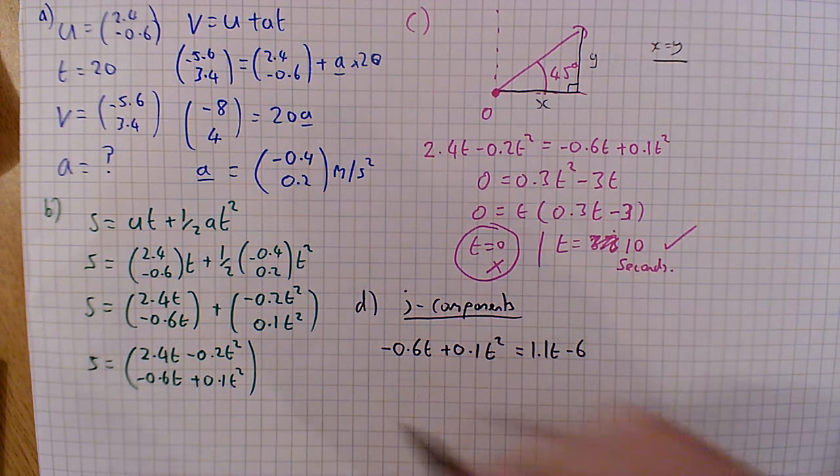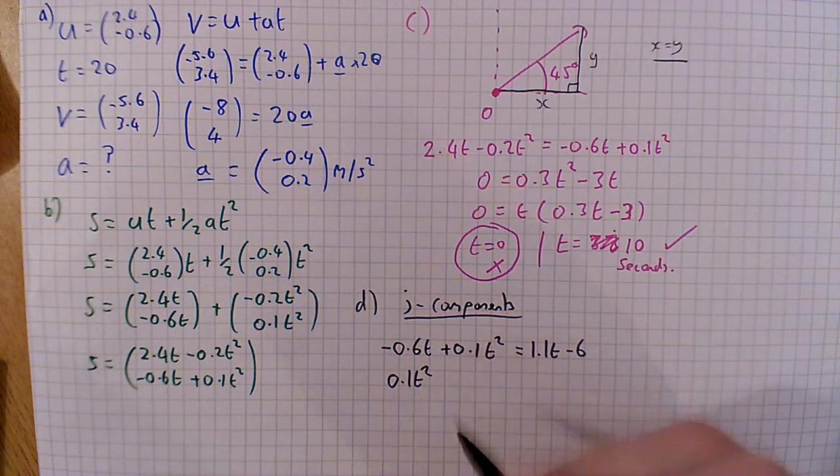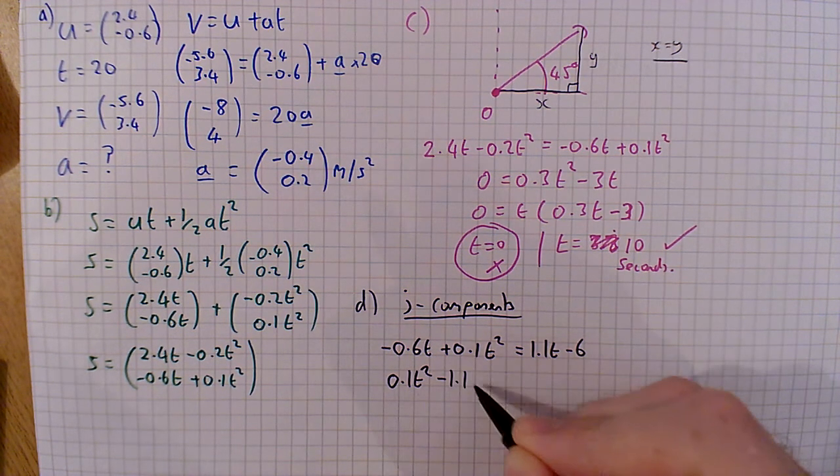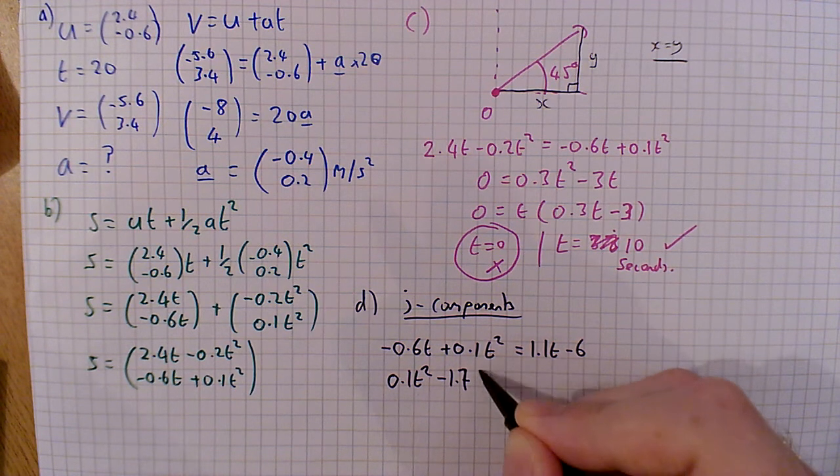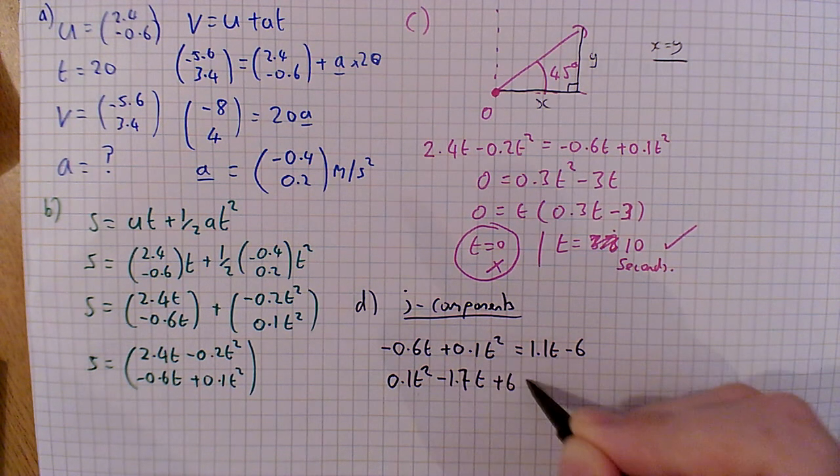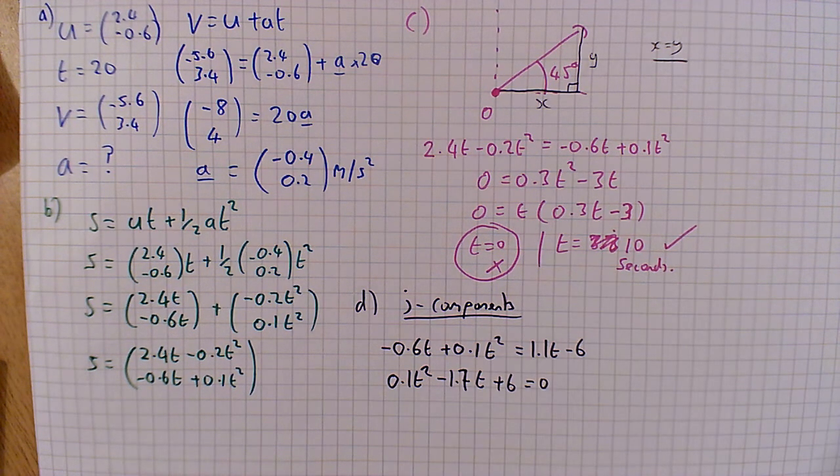So we'll rearrange it. It's a quadratic: 0.1t squared minus 1.7t plus 6 equal to 0. Doesn't look like that's going to factorise to me, so I'm going to straight away get my quadratic formula out, put it in my polynomial solver in my calculator and see what comes of it. 0.1, minus 1.7 and 6.